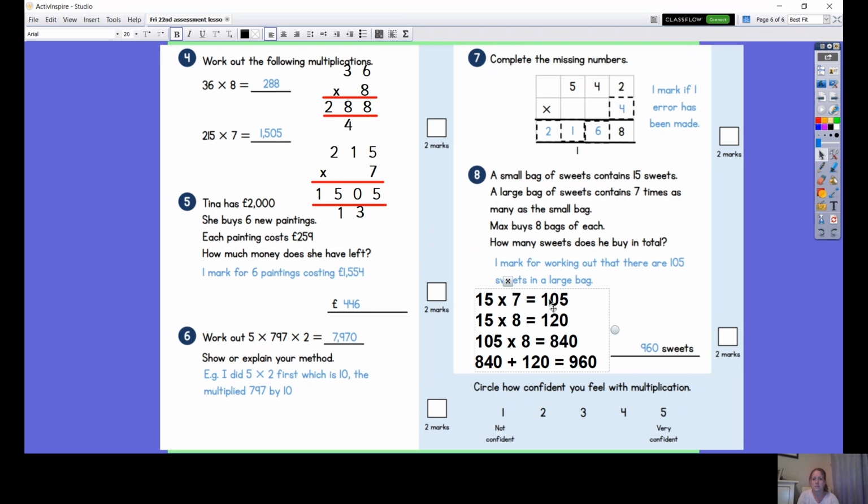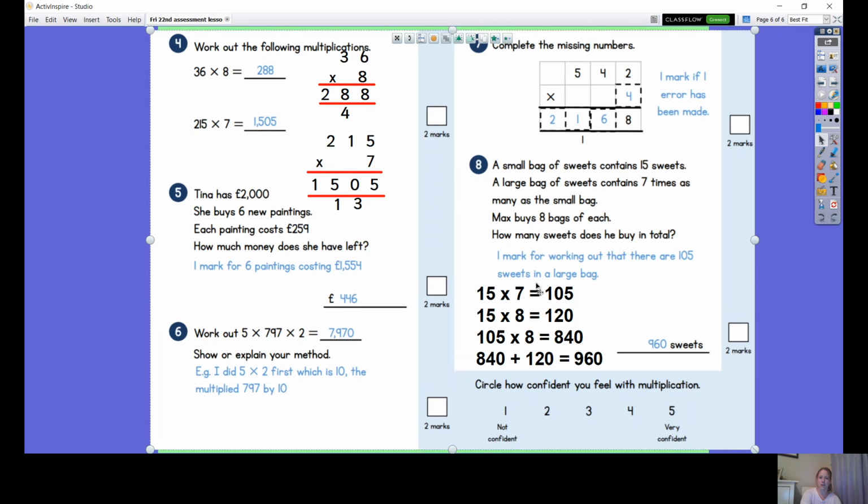So we had 15 times 7 was 105, because what I was trying to work out was, it said a large bag of sweets contains 7 times as many as a small bag. That's right. So that's why I did 15 times 7 to work out how many sweets were in a large bag. So I now know that I've got 15 sweets in my small bag and I've got 105 in my big bag.